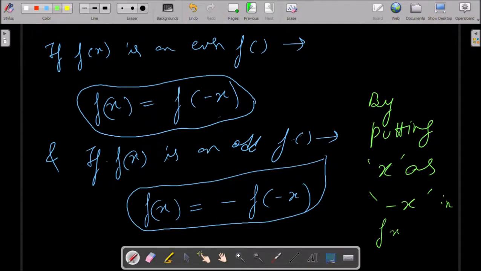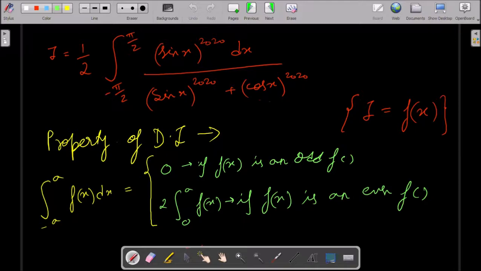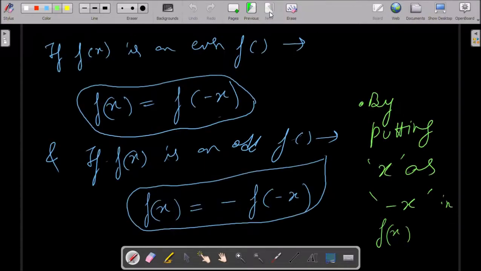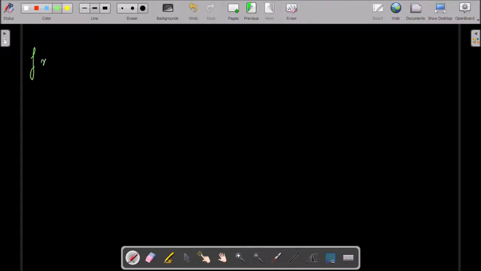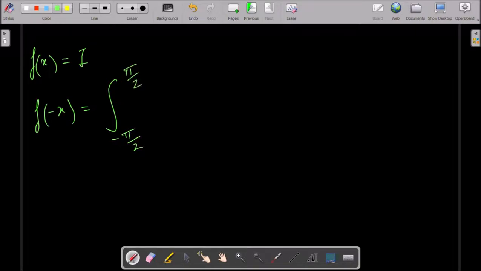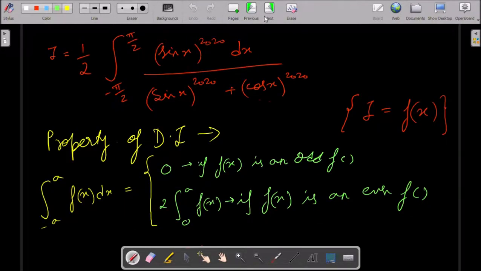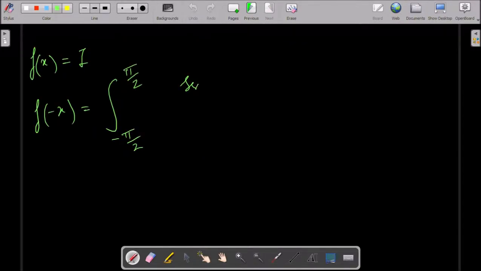Now see this, we will put this minus x in this I, or f of x, anything you can say. So f of x equals I. Now f of minus x equals the integration from minus pi by 2 to pi by 2 of sine of minus x to the power 2020.